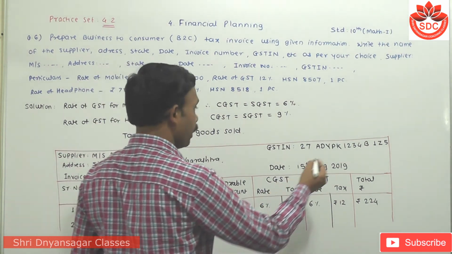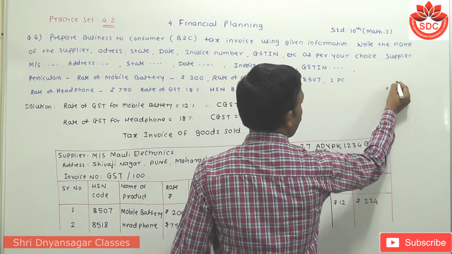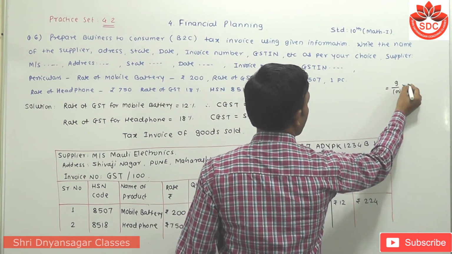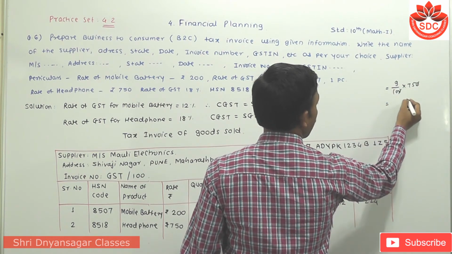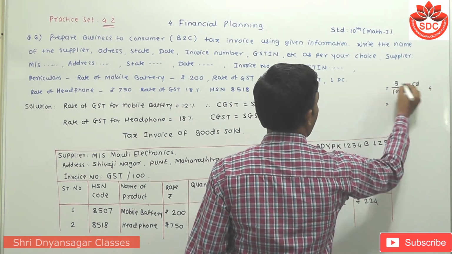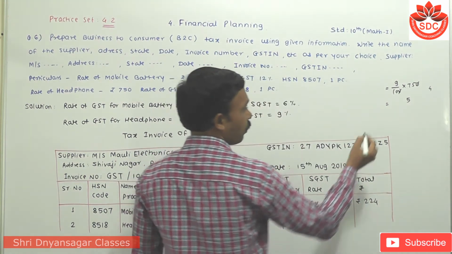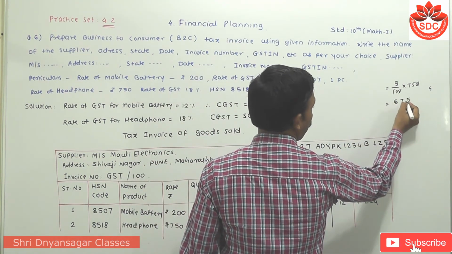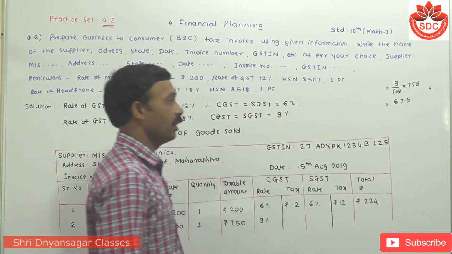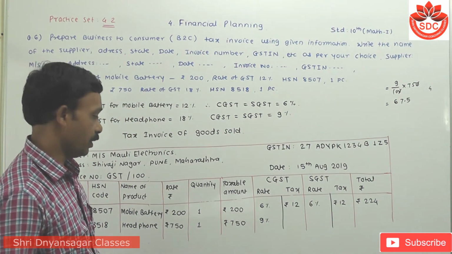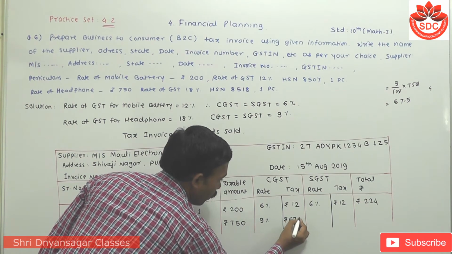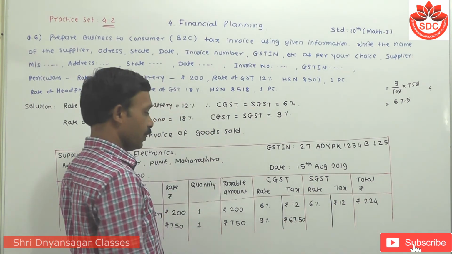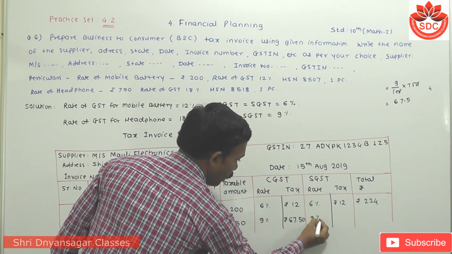Now I have to find 9% of this: 9 upon 100 into 750. The 10 gets cancelled. Then 9 5s are 45, carry 4. 9 7s are 63 plus 4 becomes 67. After one digit there is a decimal point, so 67 rupees 50 paise. The amount here is rupees 67.50.